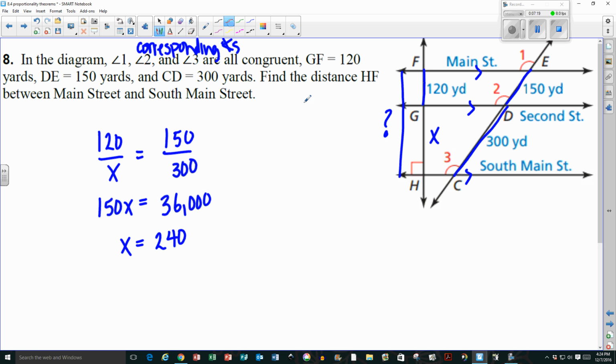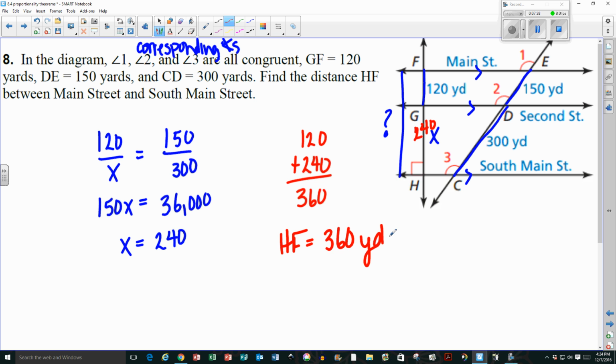So this little piece right here is 240. Well, the whole thing is 120 plus 240, so that would be 360. So that means that HF is 360 yards. So I used a proportion of four small pieces.